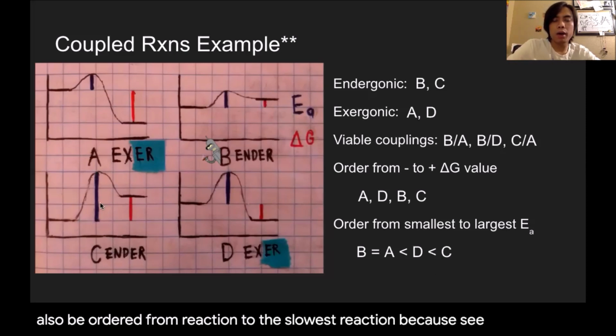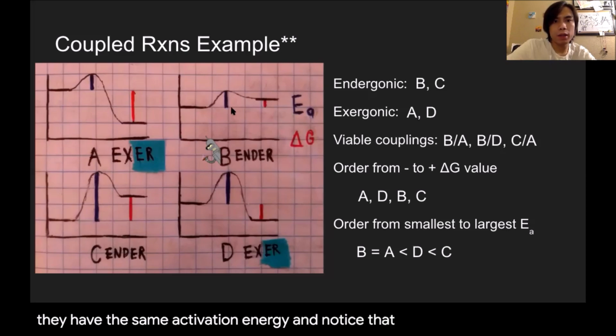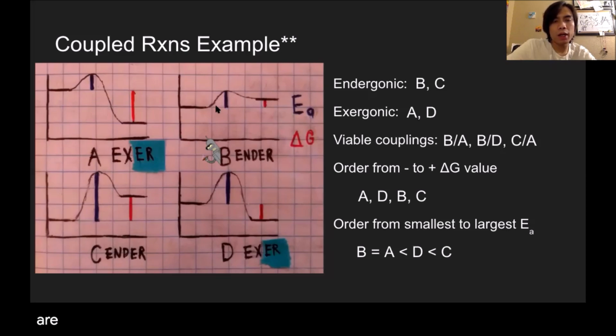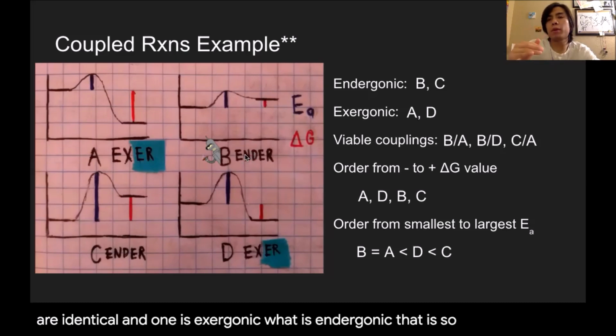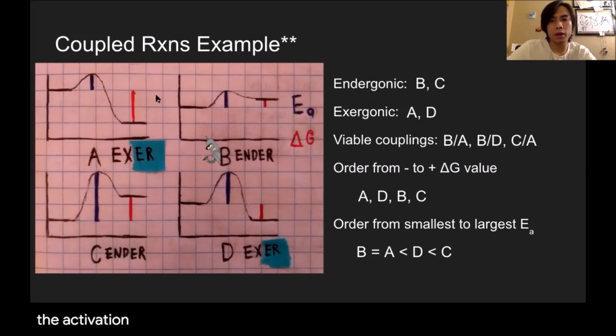Because C requires the most energy input and has the highest activation energy, it is the slowest one out of these all. Whereas B and A, you would expect them to be around the same rate because they have the same activation energy. And notice that both of these are identical, and one is exergonic, one is endergonic. So remember that whether it's endergonic or exergonic does not determine its rate of reaction, only the activation energy does.